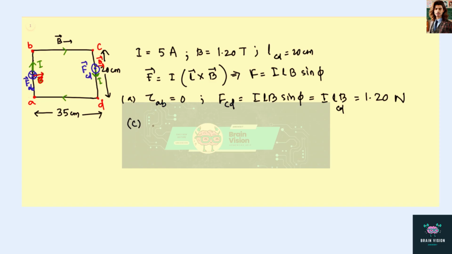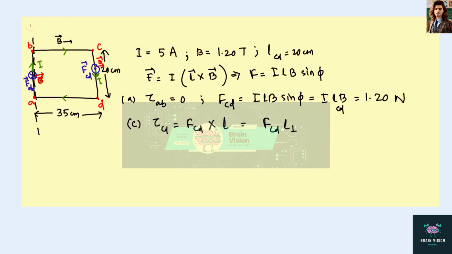Now for the third part, torque for CD will be FCD cross product of the length, or we can say FCD times the perpendicular distance, which is 35 cm. So basically, this is the hinge, right? So this is the hinge.